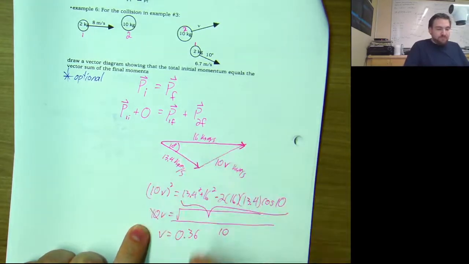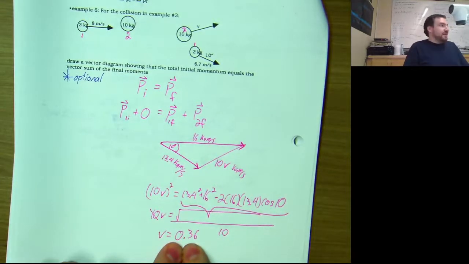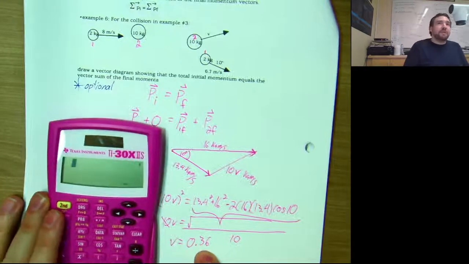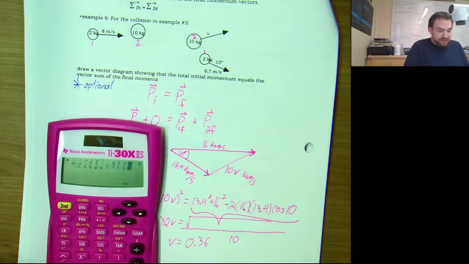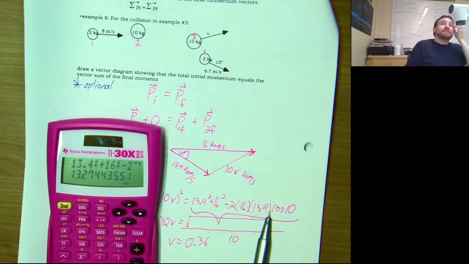You want me to see that a little bit more step by step? Okay, here we go. This is algebra, right? 13.4 squared plus 16 squared minus 2 bracket 13.4 bracket 16 cos 10. Okay, so that's this.